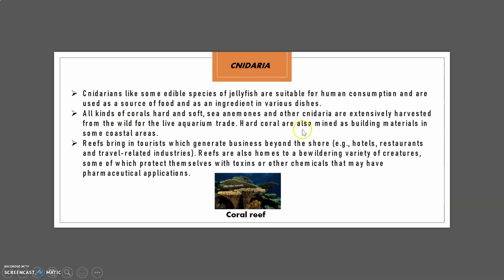Hard coral is also mined as building material in some coastal areas. Then, reefs bring in tourists, which generates business beyond the shore, in hotels, restaurants, and travel-related industries. Reefs are also home to a variety of creatures, some of which protect themselves with toxins or other chemicals that may have pharmaceutical applications.